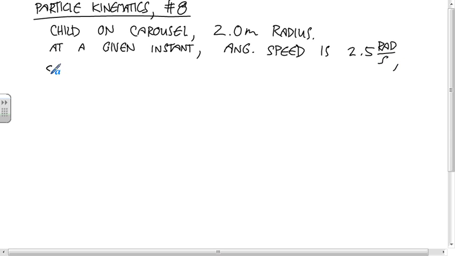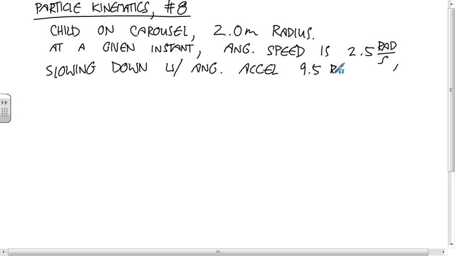And it's slowing down with an angular acceleration of 9.5 radians per second squared. And it walks you through a few of these things with the way the questions are asked.